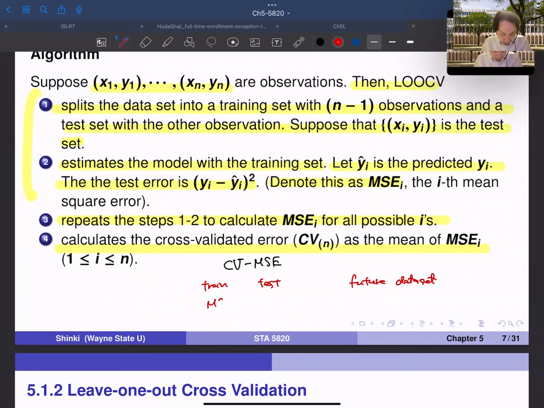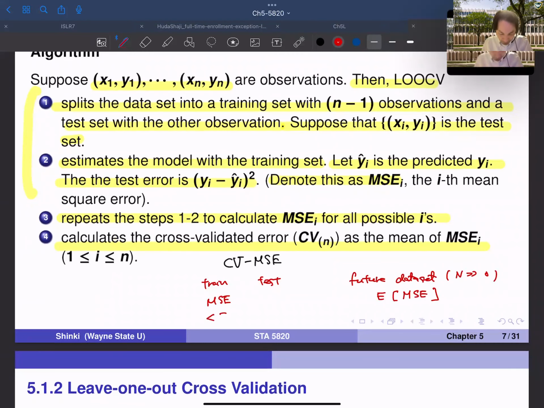The training error, training MSE, is usually an underestimate of the future error, suppose we have very large N. We want to calculate the expected value of MSE, but the training MSE is usually biased because we use the data set itself to predict that data set. The test MSE is usually unbiased. It is around the expected value of MSE, but the variance is large.